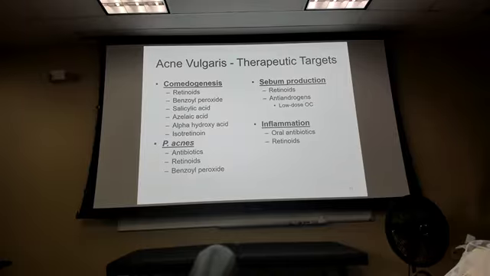What's an OC? Birth control, right? So we would be using that, of course, with our females. Inflammation that is not going anywhere, we can do some of those antibiotics, and we can talk about some of the retinoids. Which type of medication is in every one of those things?